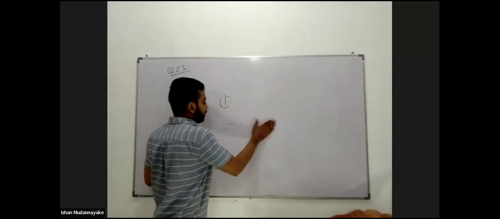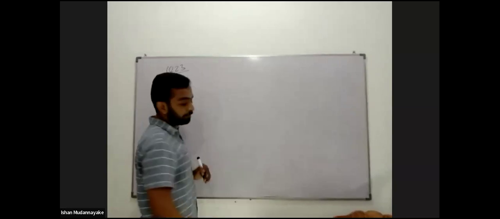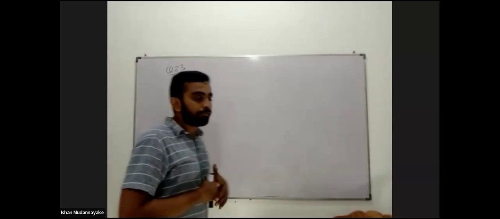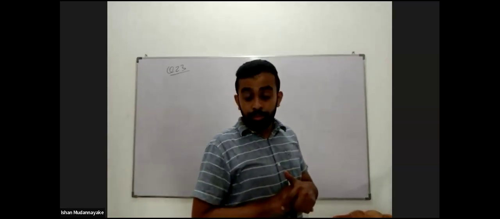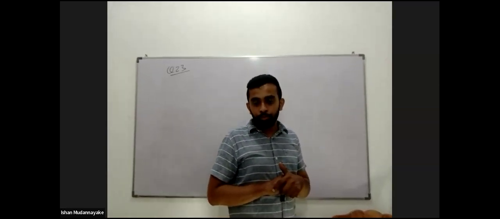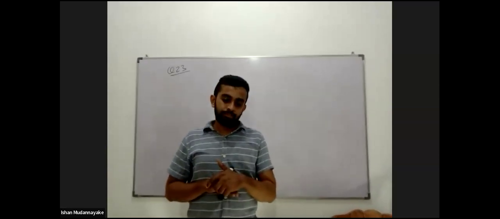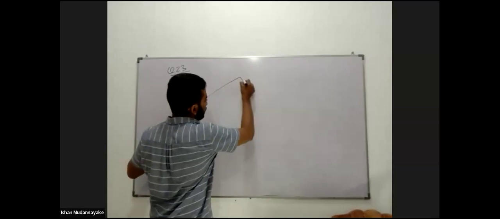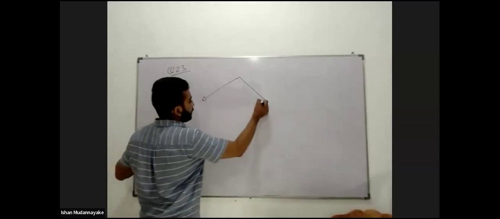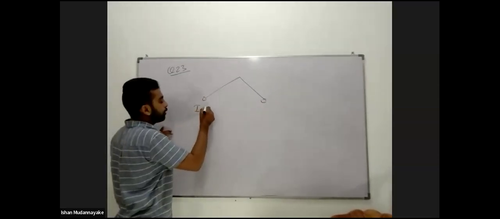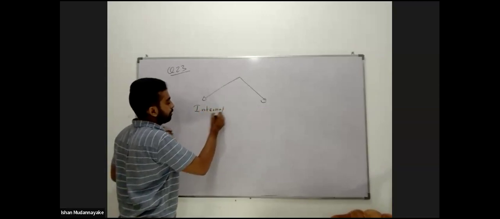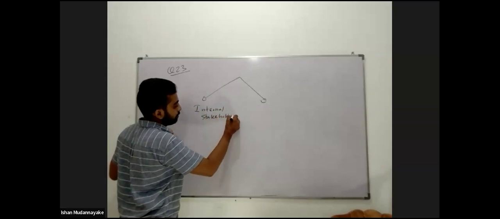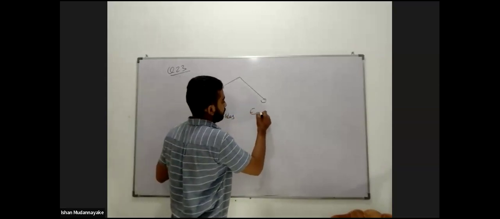Then students, please write this down. Question number 23 is: classify stakeholders into internal and external. Under that, write down the answer like this: internal stakeholders and external stakeholders.